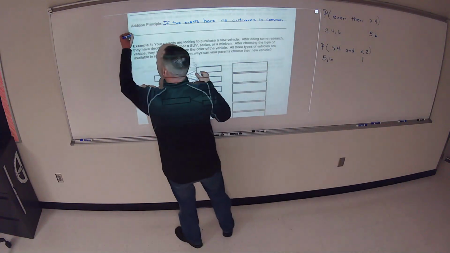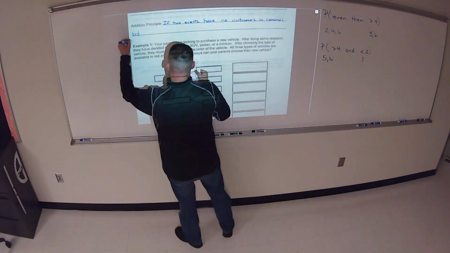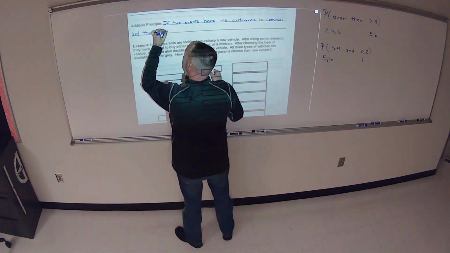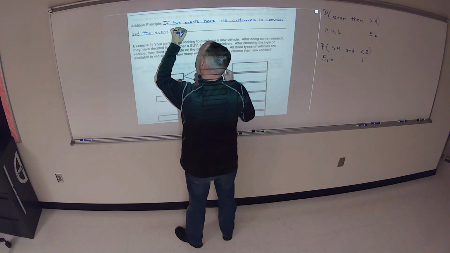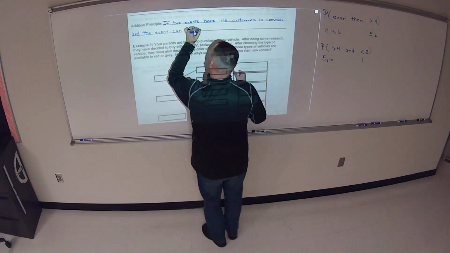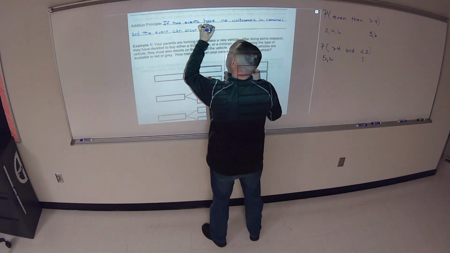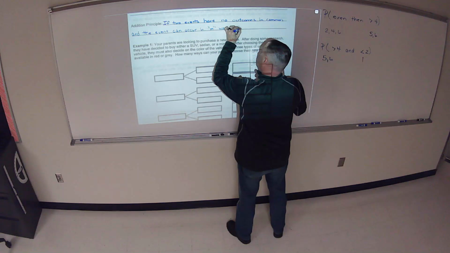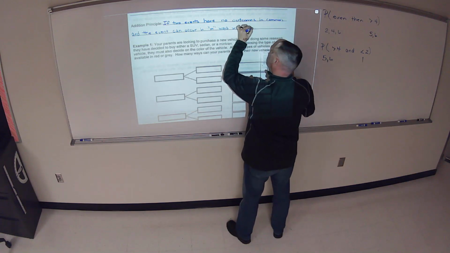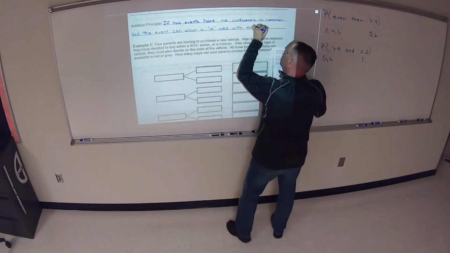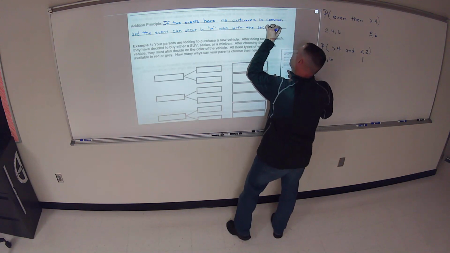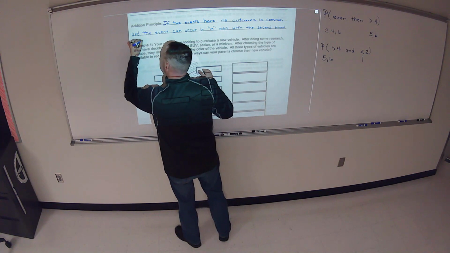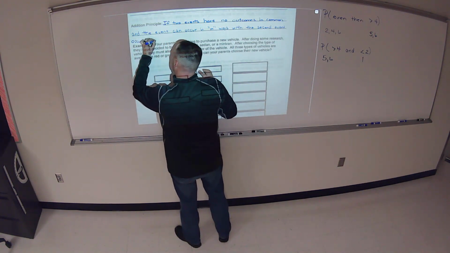And the first event can occur in m ways, with the second event occurring in n ways.